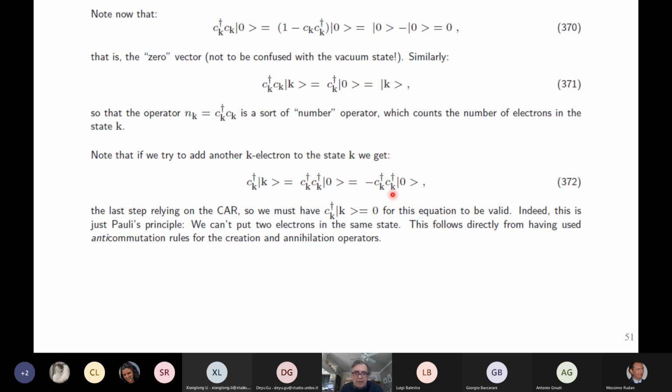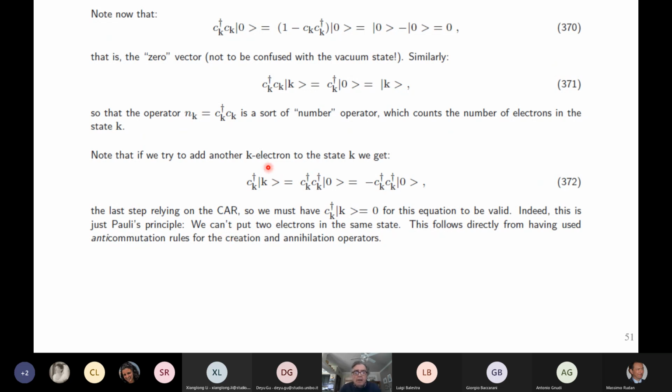Or vice versa, that this state is equal to its opposite, which means that it is 0, which means that a state that I would like to obtain in which I have 2 electrons in a state K does not exist. So this is Pauli's principle, which I obtained directly from the canonical anti-commutation rules.